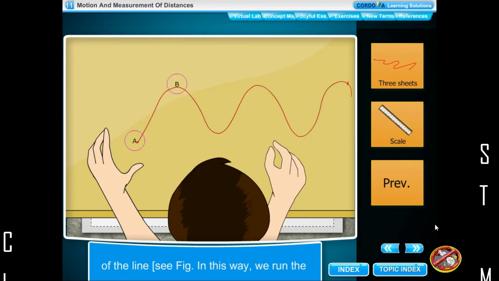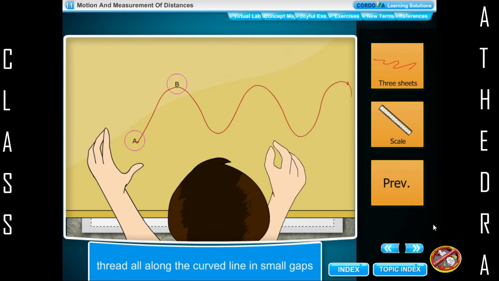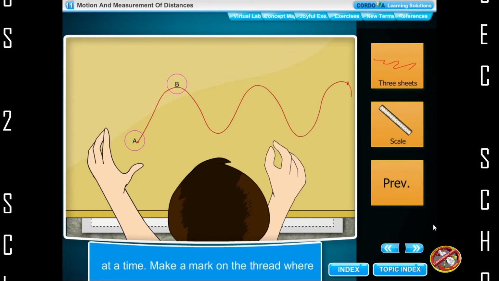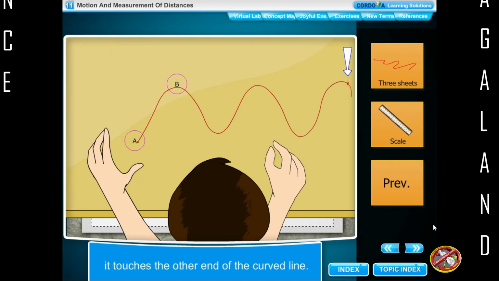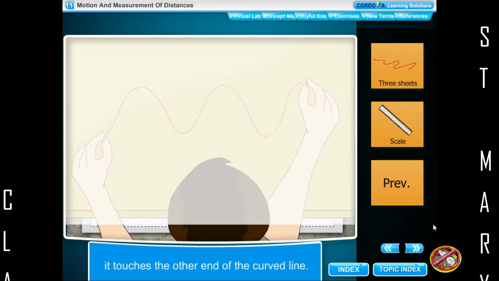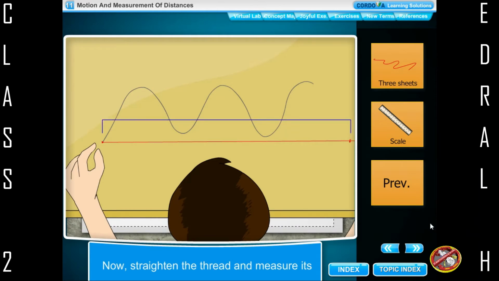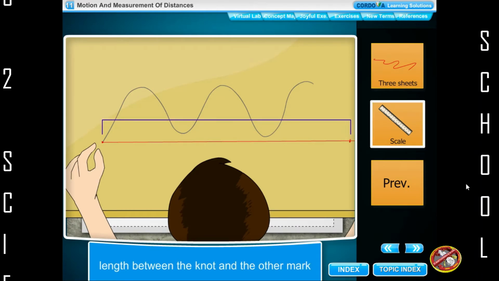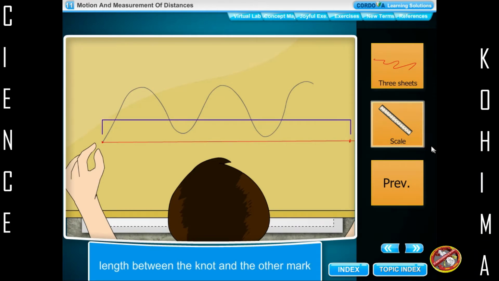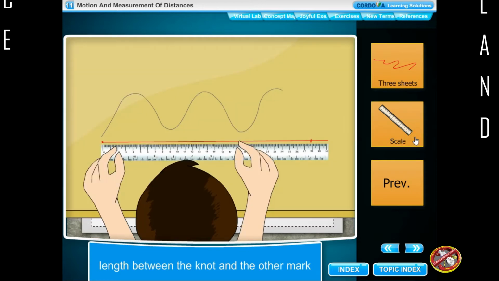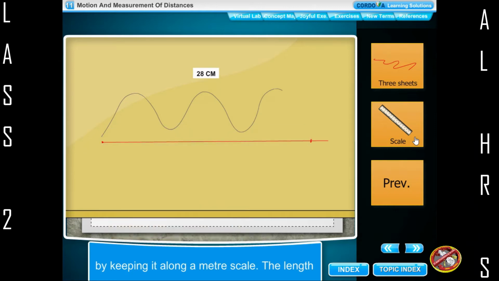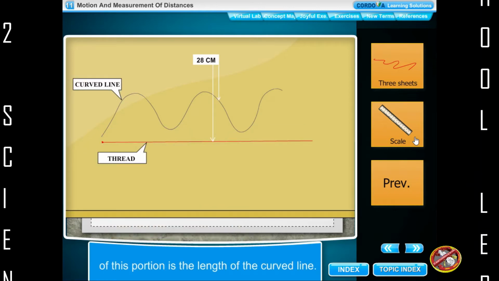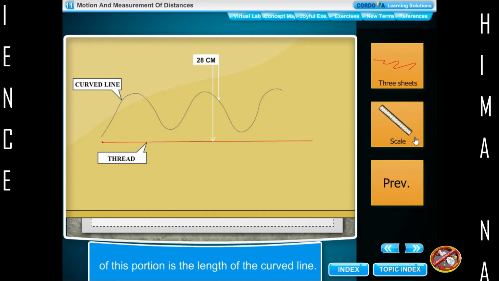In this way, we run the thread all along the curved line in small gaps at a time. Make a mark on the thread where it touches the other end of the curved line. Now, straighten the thread and measure its length between the knot and the other mark by keeping it along a meter scale. The length of this portion is the length of the curved line.